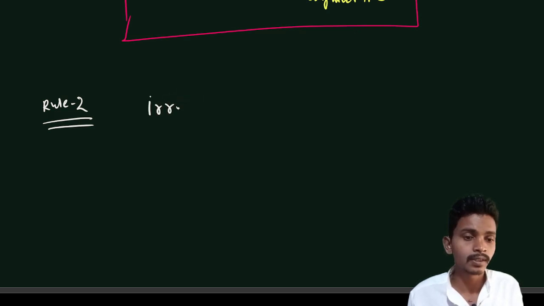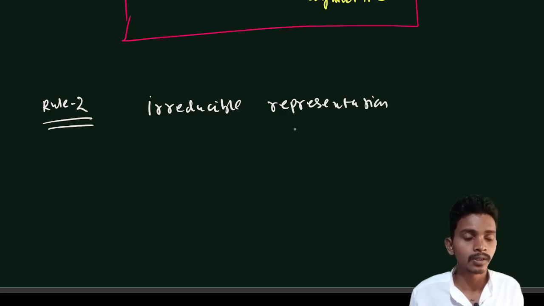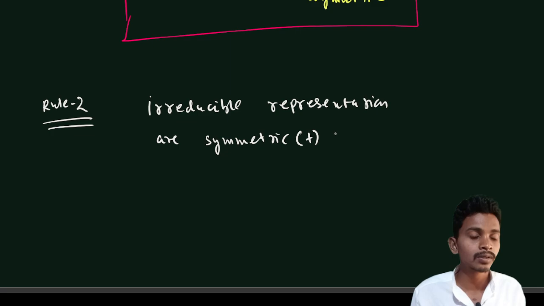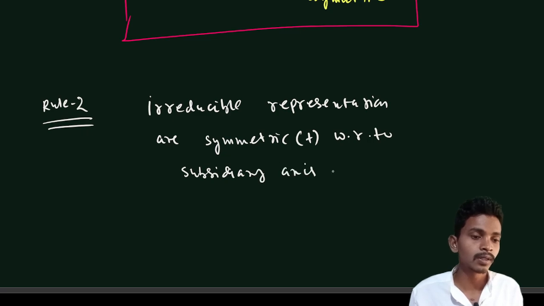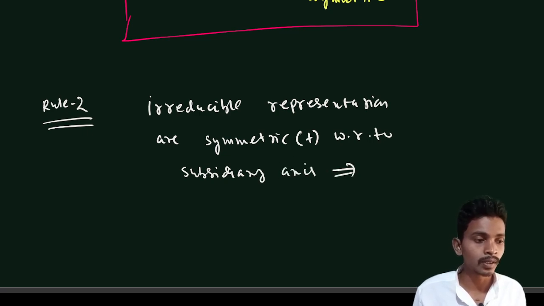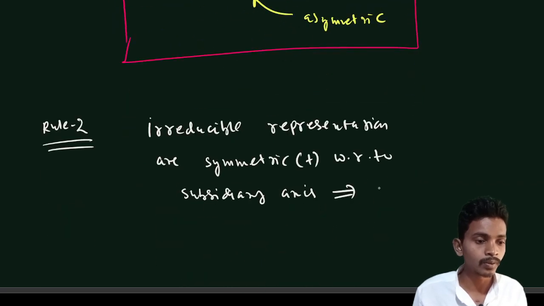If the irreducible representations are symmetric, meaning a positive value with respect to the subsidiary axis, then we have to use 1.